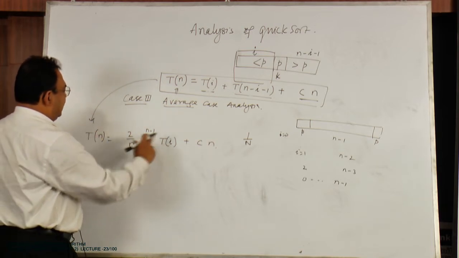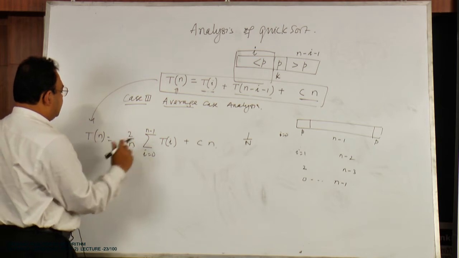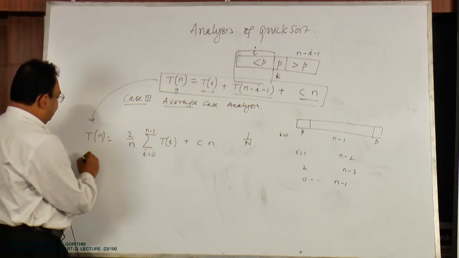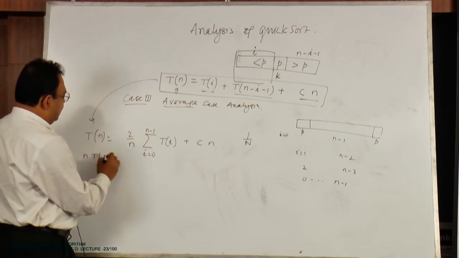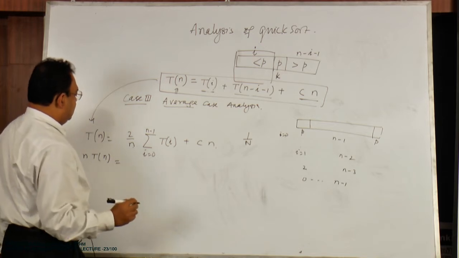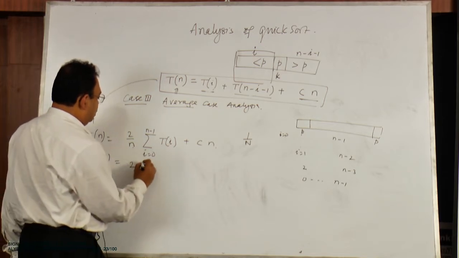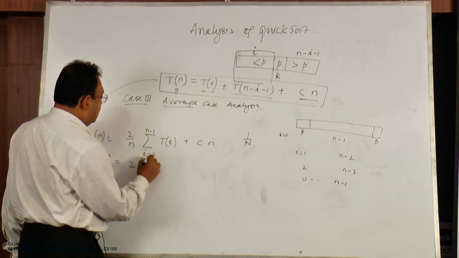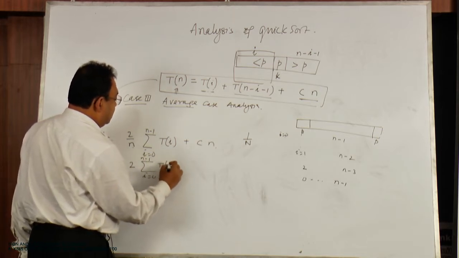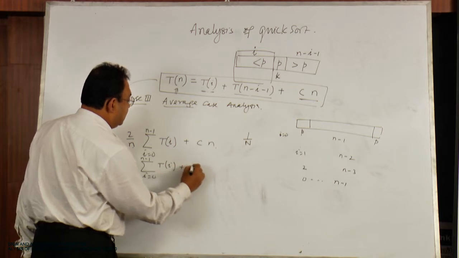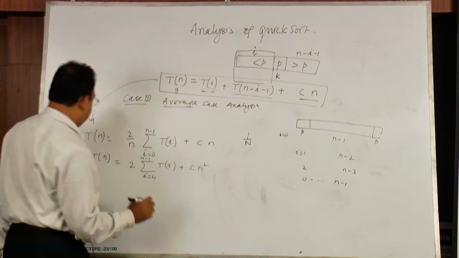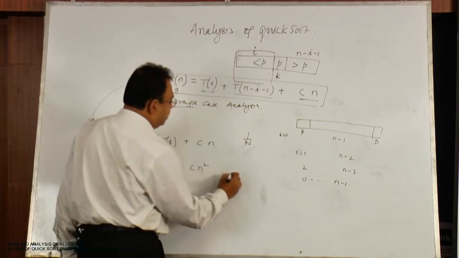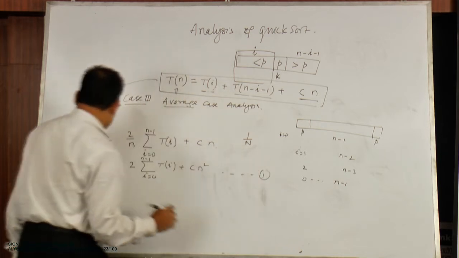Now, if we multiply both sides by n, we will have n T(n) is equal to 2 times the sum over i is equal to 0 to n minus 1 of T(i), plus C n square. Let this be equation 1.